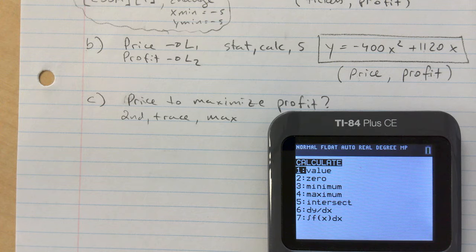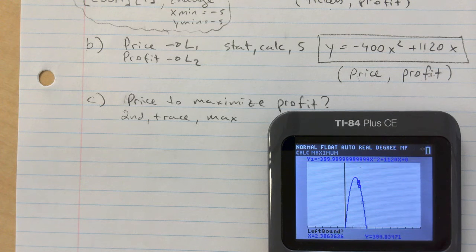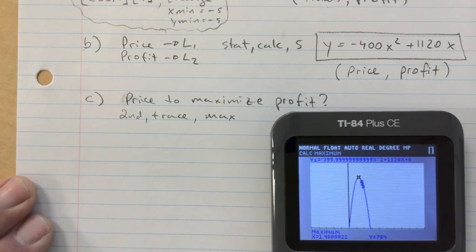Second trace, it's a maximum. So we got to go to the left of it, enter, to the right of it, enter, and then enter one more time. So it's 1.40784. So write down the coordinates.